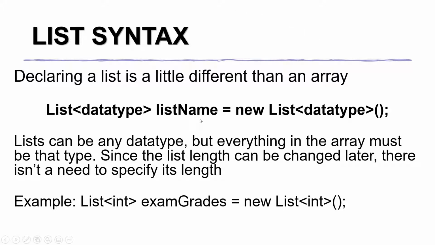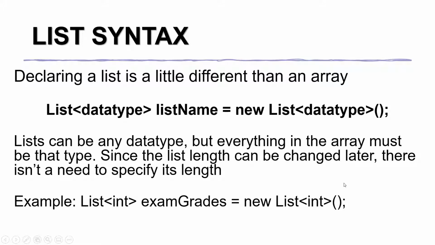We then write the name of our list. We give it a name just like a variable or array, and then set it equal to, we write the word new, the word List again, we get our triangle brackets, and we tell the data type one more time, and then an open and close parentheses and a semicolon.